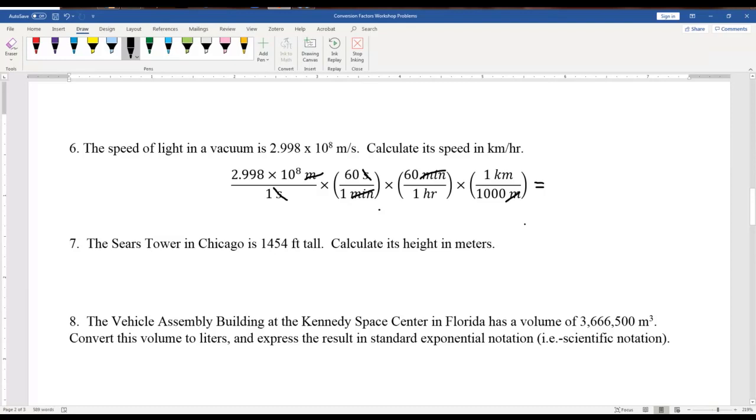Wow, that's a big number. 1.079 times 10 to the 9th kilometers per hour. Cool?